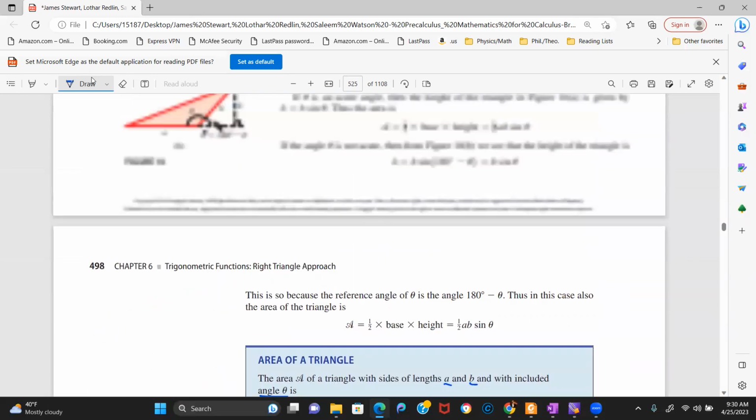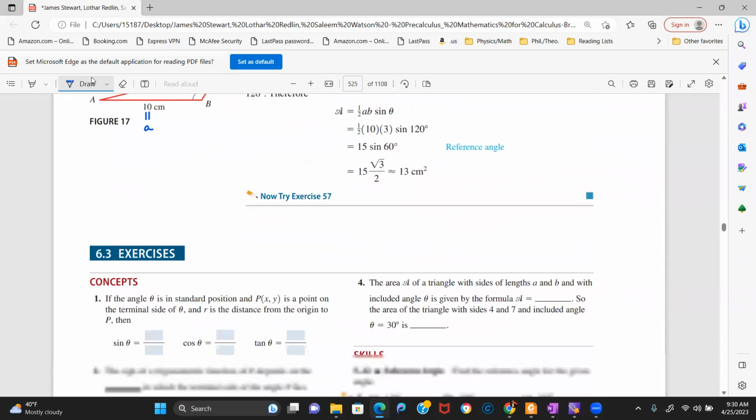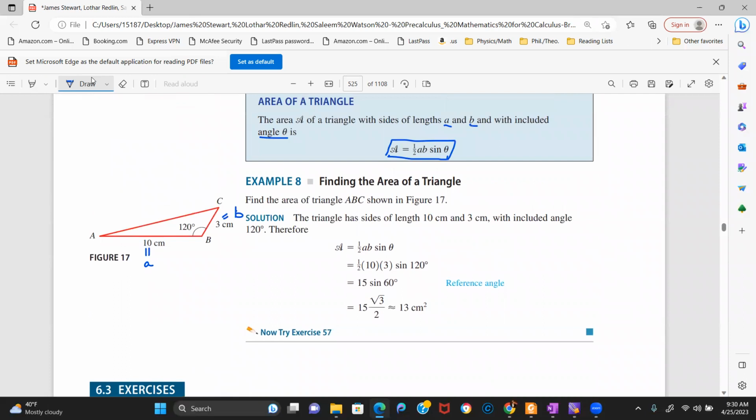This would be B. Yeah, we're kind of following their convention there. And then the angle is sine 120. So the area is going to be 1/2 A times B times sine theta. So you plug everything in. You get 1/2 of 10 times 3, so that simplifies to 15.